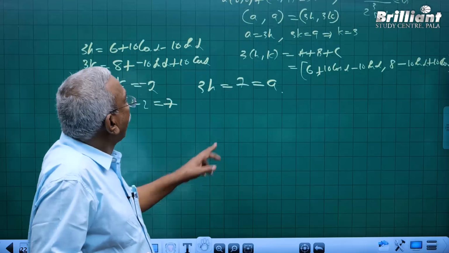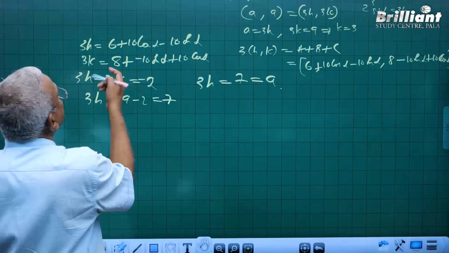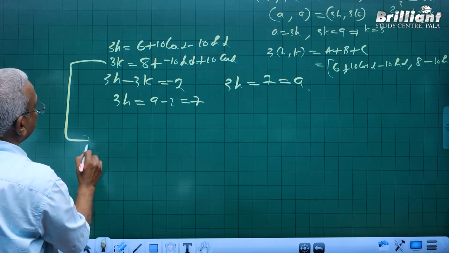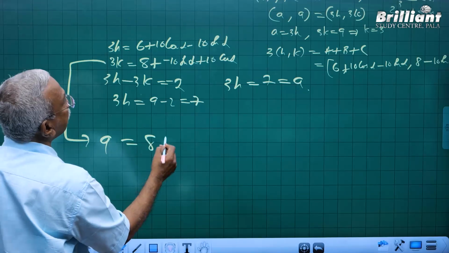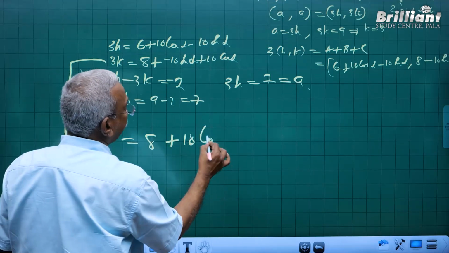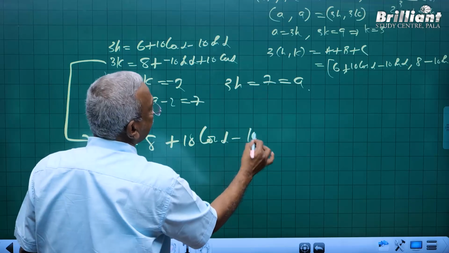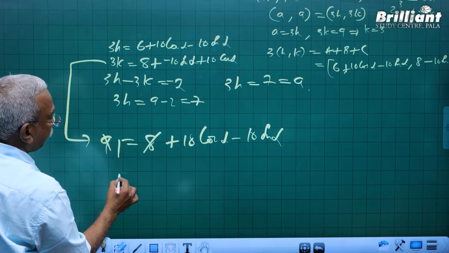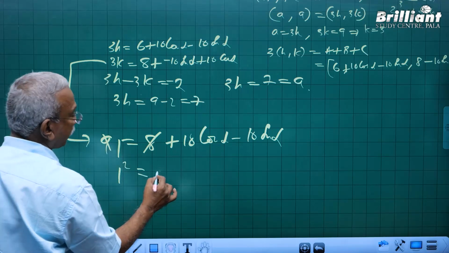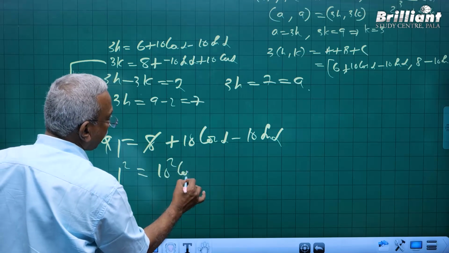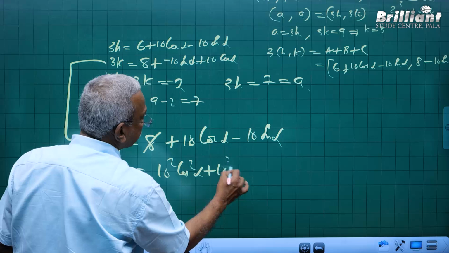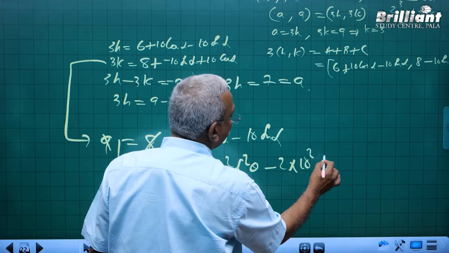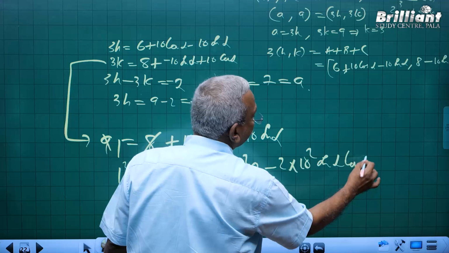Now, we can see how to find this number. This is 9. So 9 is equal to 8 plus 10 cos alpha minus 10 sin alpha. So this becomes 1. So 1 squared is equal to 10 squared cos squared alpha plus 10 squared sin squared alpha minus 2 into 10 squared into sin alpha cos alpha.